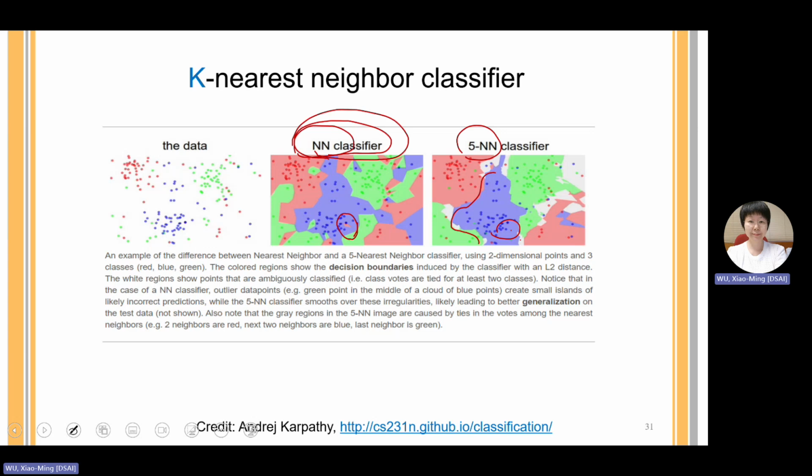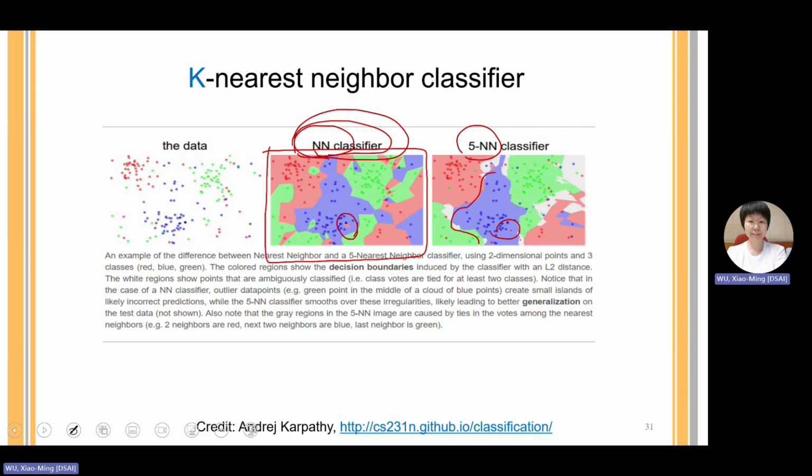So the nearest neighbor classifier is sensitive to outliers and also overfits the training data. When we say an algorithm overfits the training data, you can think of it as the algorithm memorizing everything, including the noisy samples, because it doesn't have the ability to deal with them.